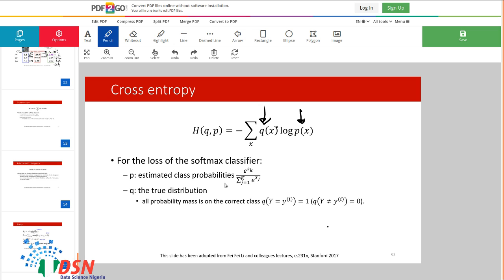Because we applied the softmax classifier, we have these for p(x), so we could calculate the cross entropy loss for the training data. And the true distribution is based on 0 and 1, because we have 0 class and 1 class.